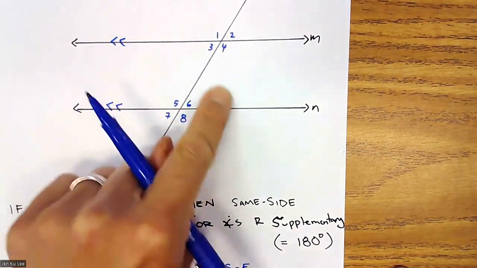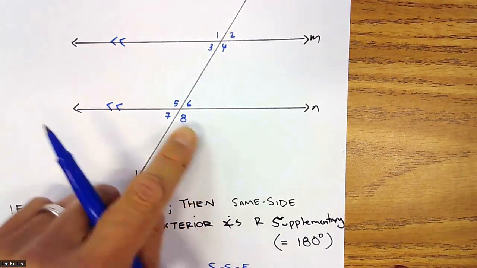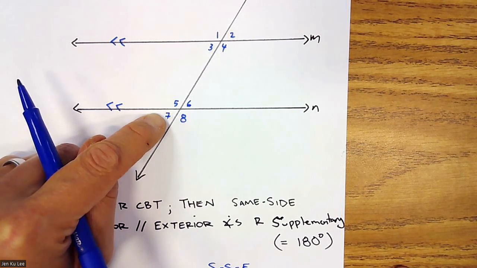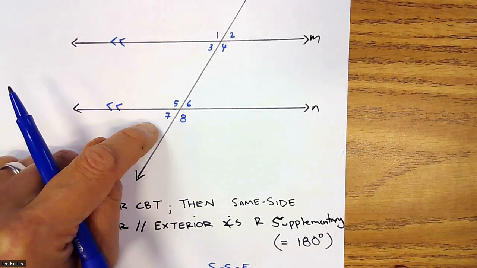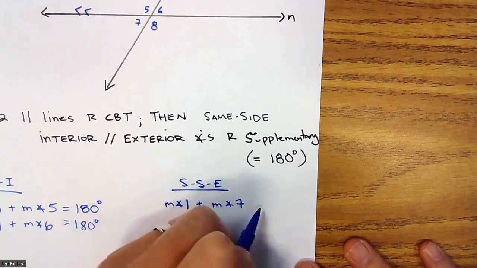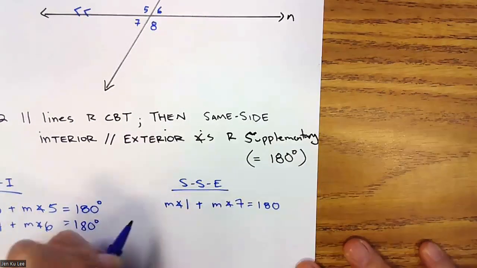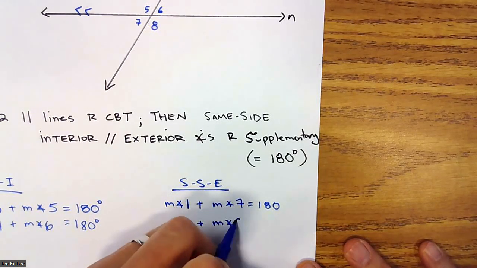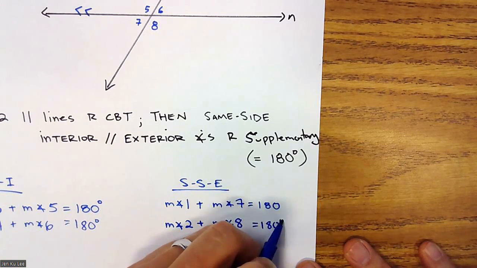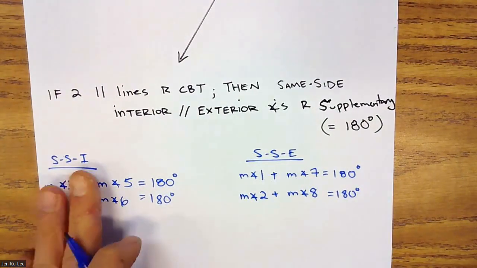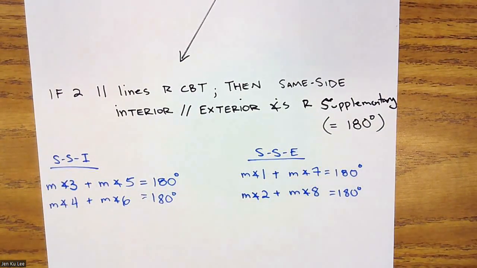It needs to be in this group, so I'm talking about 5 or 7. It needs to be on the outside or the exterior, so I'm talking about 7. Okay, so the measure of angle 1 plus the measure of angle 7 equals 180. And the other one, the measure of angle 2 plus the measure of angle 8 equals 180. So those are the same side interior and same side exterior angles, and they're both supplementary.